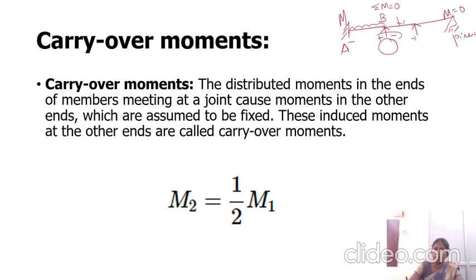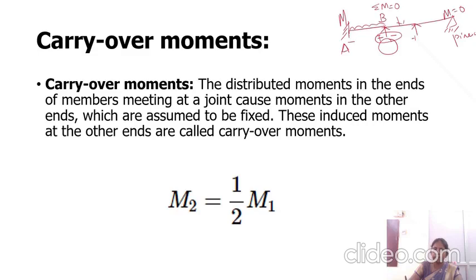If you sum up these two values, you will get some unbalanced moment of some magnitude. You have to make this joint a balanced equilibrium condition. Then you have to carry over some unbalanced moment to the nearest point.